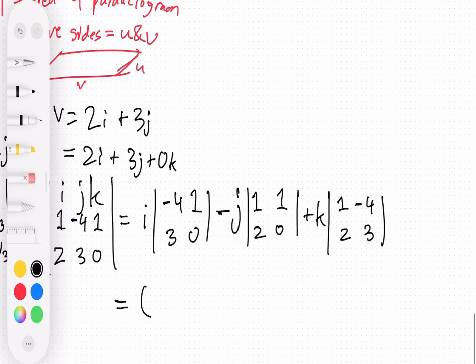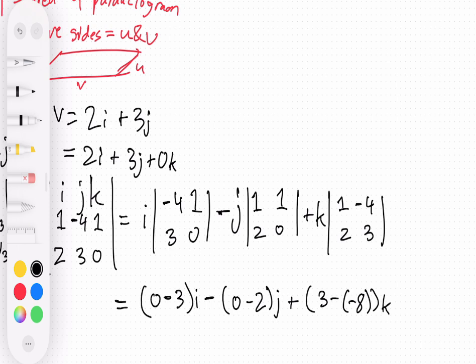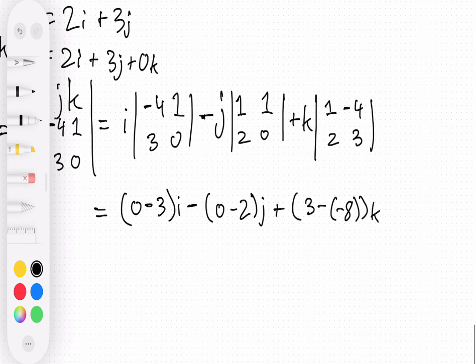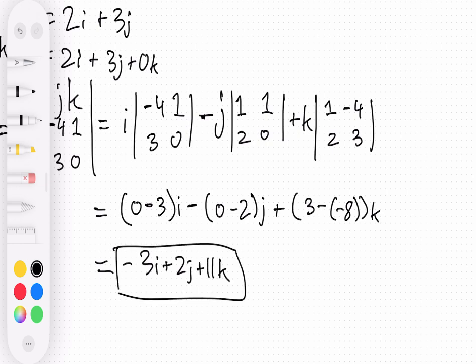This will give us 0 minus 3 i, minus 0 minus 2 j, plus 3 minus negative 8 k, if we do the multiplication. And that'll give us negative 3i plus 2j plus 11k. And there you go. There's our answer to that cross product.